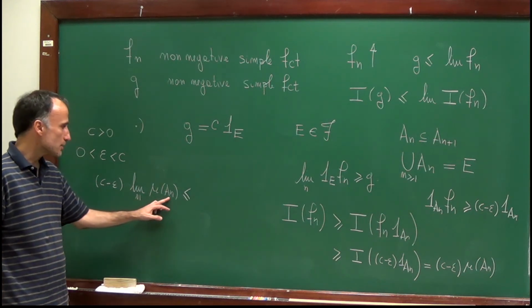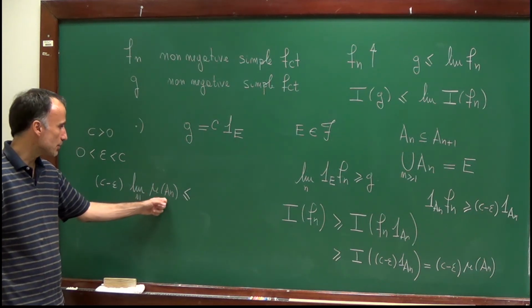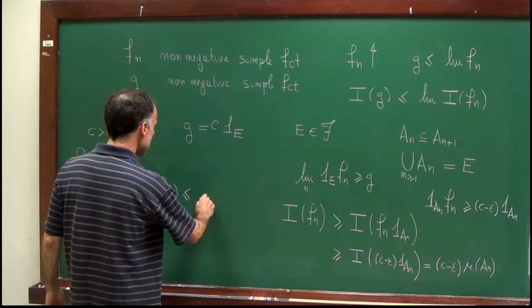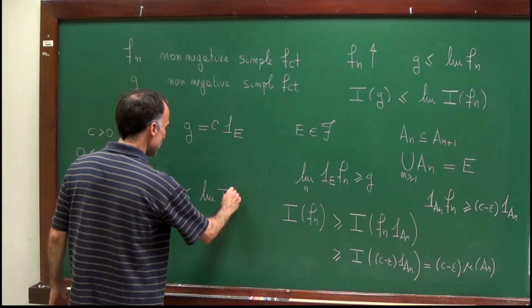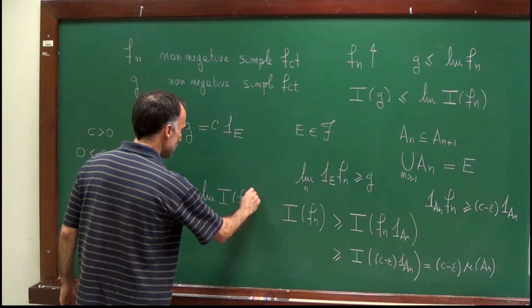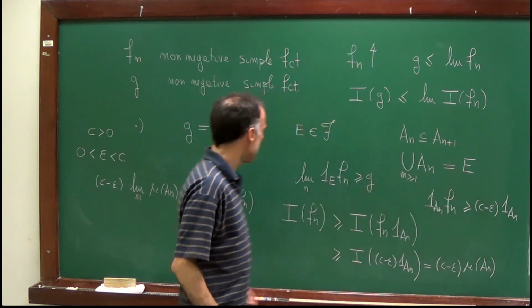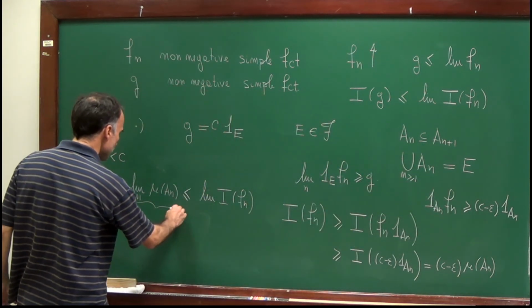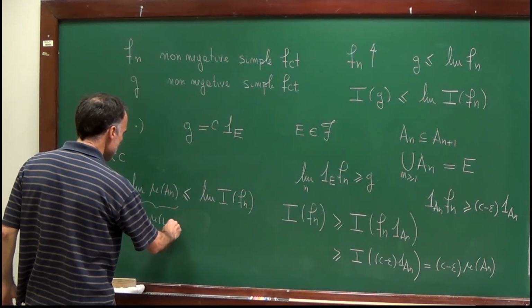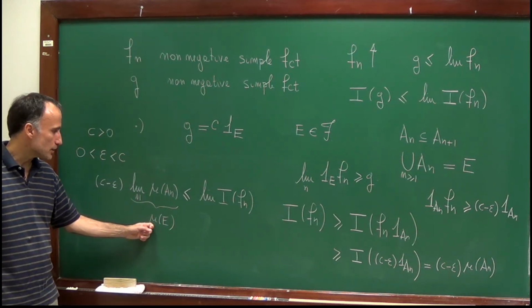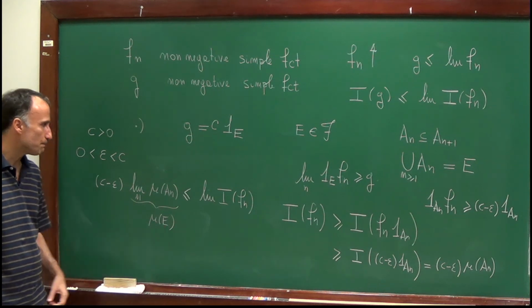This limit exists because A_n is an increasing sequence, so this is an increasing sequence. But now A_n is increasing to E, so this limit here is mu of E. Here I'm using the fact that mu is continuous from below at the set E.